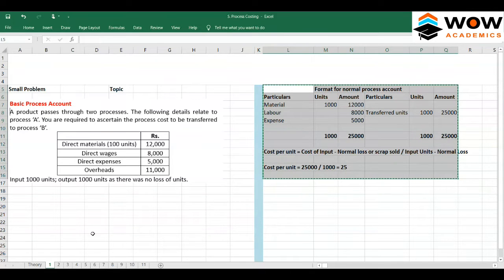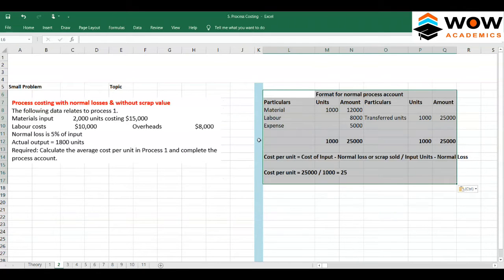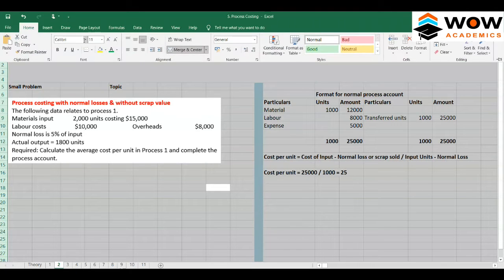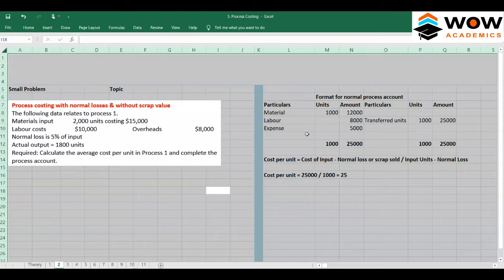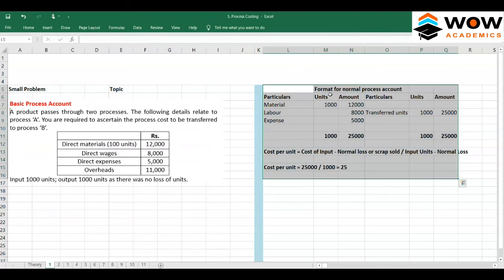So we'll copy the same format here and put it here, and we'll start. Whenever you have a process, you have to name it.